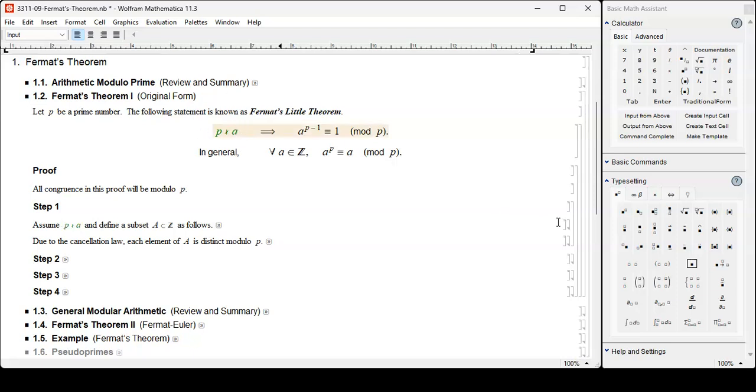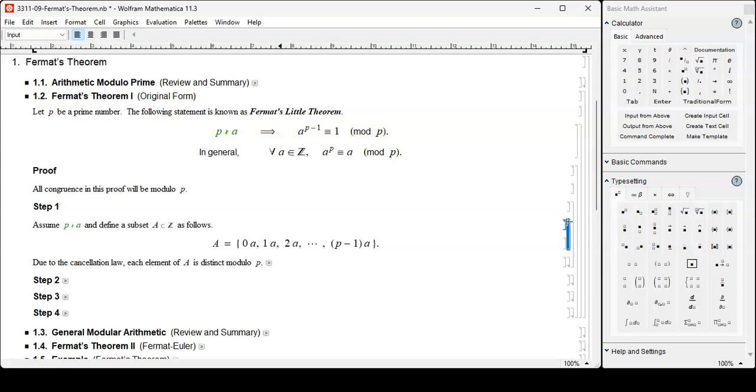And let us define a subset capital A of Z like this: 0a, 1a, 2a, 3a, all the way up to (p minus 1)a. If p divides a, then all of these would have been just congruent to 0 mod p. But p does not divide a.